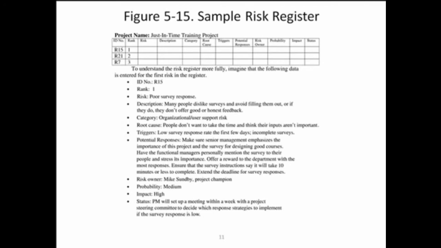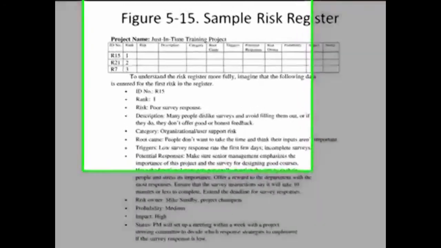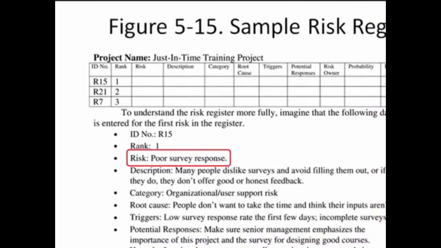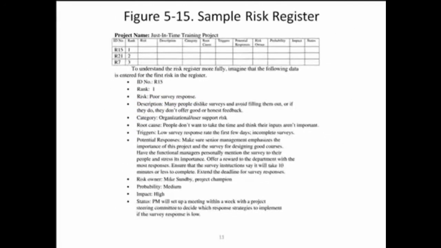This is how you put the detail in each one of the risk items you have identified as important to your project. It is similar to the work breakdown structure dictionary entries, in that detail is given to the individual elements. This is the example for risk number 15, poor survey response. Each item identified as risk will have this type of detailed explanation of the risk.